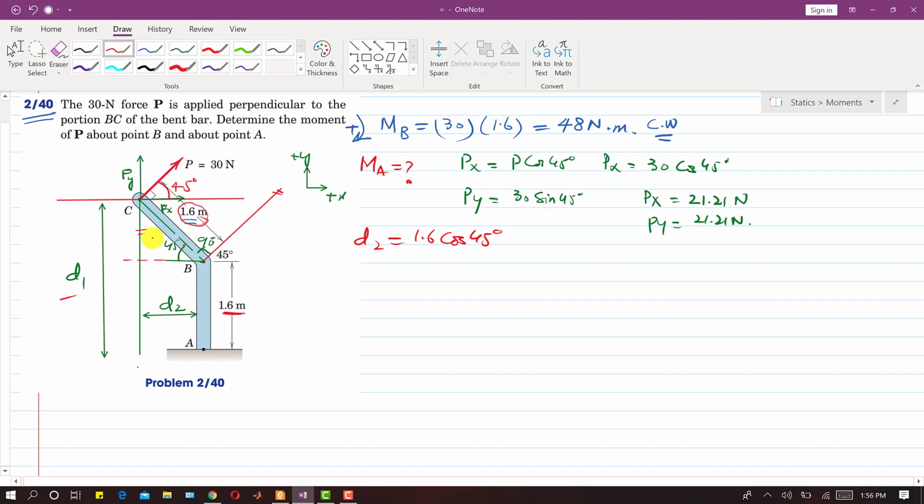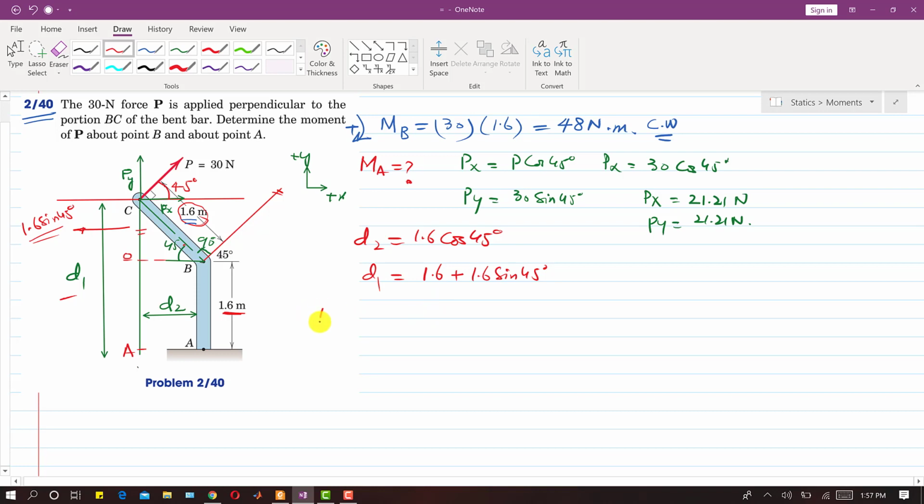This distance d2 is the cos component, so this will be the sine component. So we can write that, if this is point O, then this OC distance is 1.6 sine of 45 degrees, right? So d1 will be equal to, if I write this point also as A, OA. This OA length is 1.6 meters, so I will write 1.6 plus this OC distance, which is 1.6 sine of 45 degrees, right? So this will be d1.